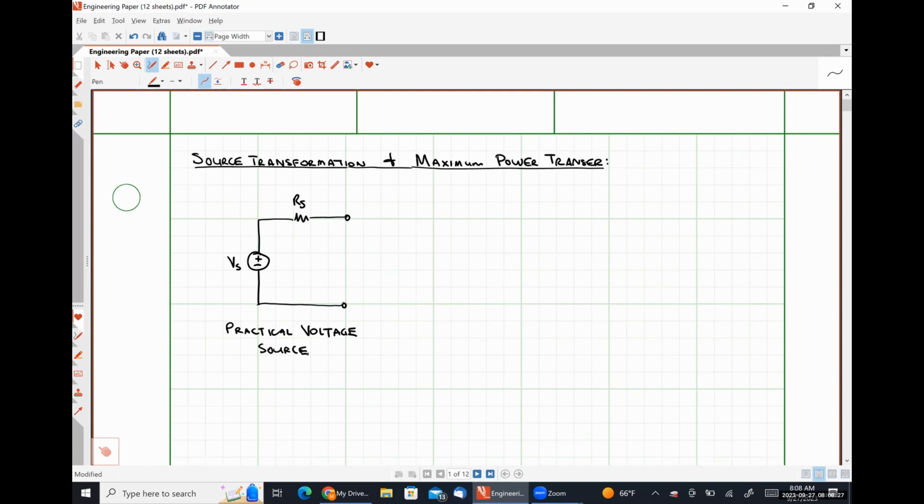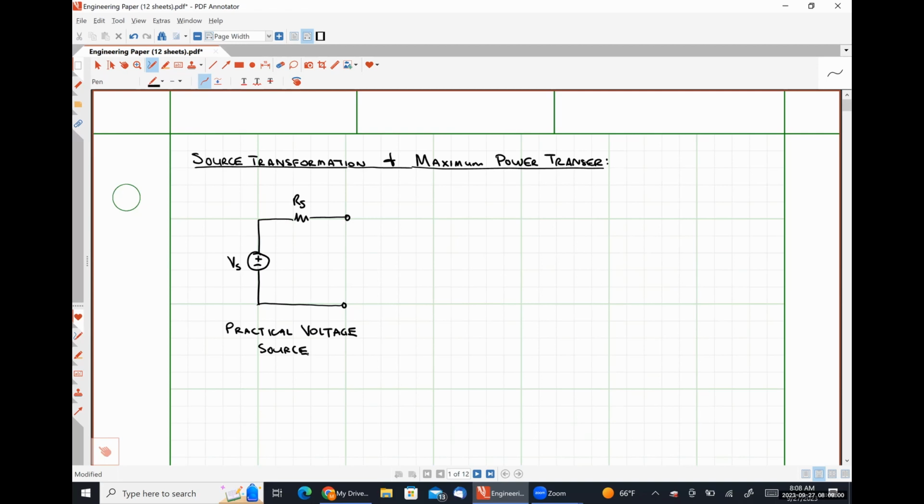So as Rs gets smaller and smaller, or approaches 0 ohms, our practical voltage source looks more and more like an ideal voltage source. So when we are designing a voltage source for an electronics application, like one of those voltage sources that we have around the room that you guys have used in your experiments, we want to design that such that the internal resistance of the source is as small as possible.